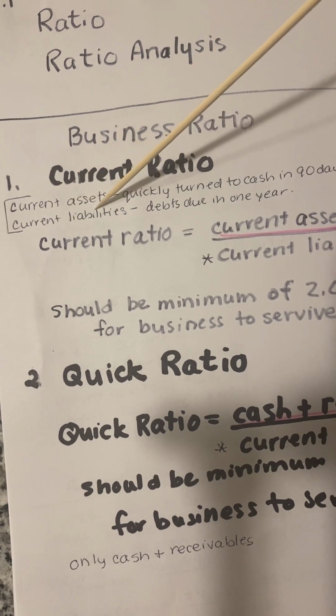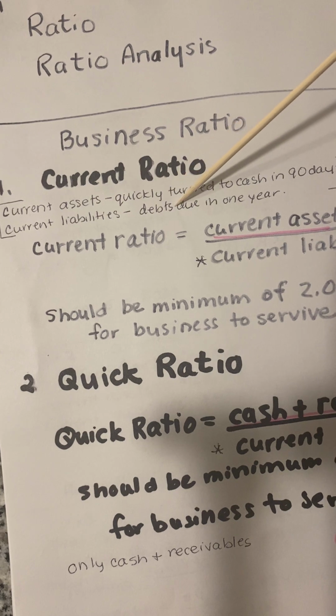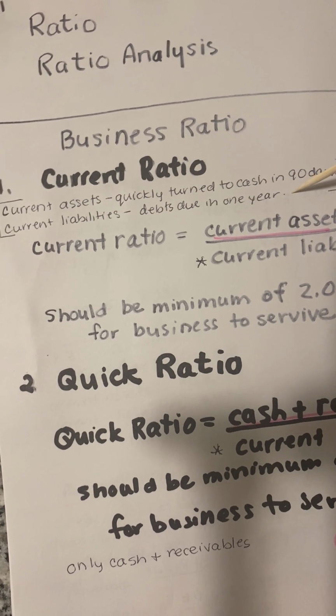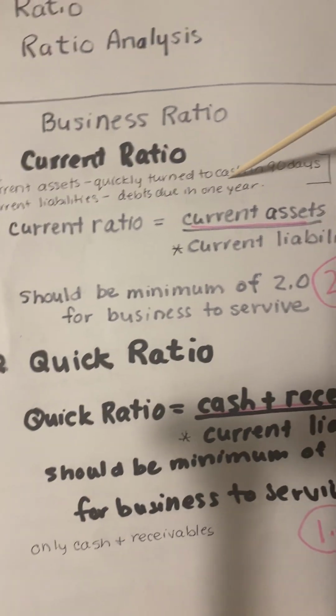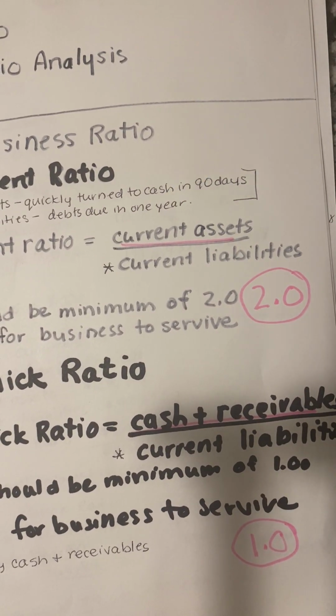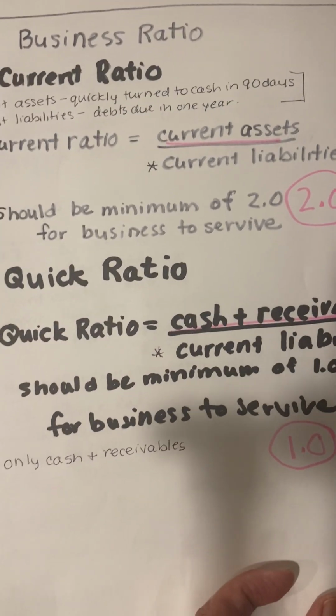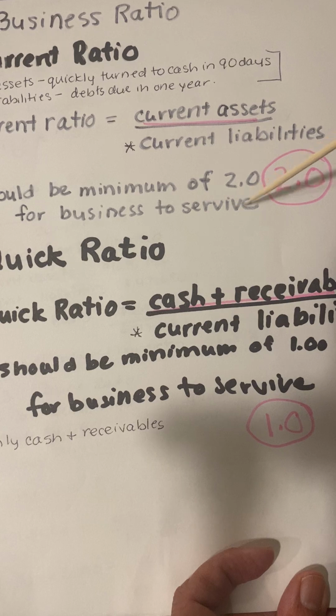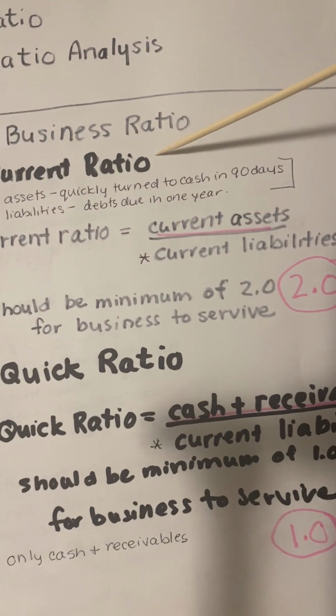And then you take your current liabilities, and these are debts that are due in 1 year. Those things that you owe are your liabilities. It should be a minimum of 2 for a business to survive. You must have at least a 2 for your current ratio.